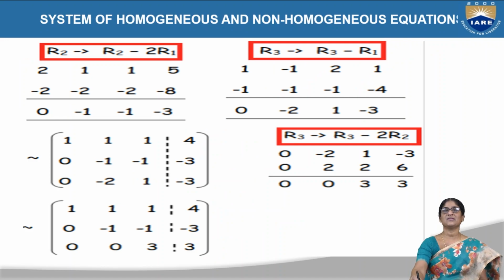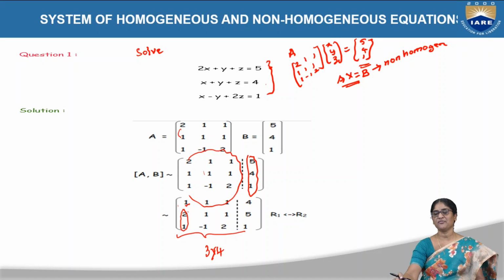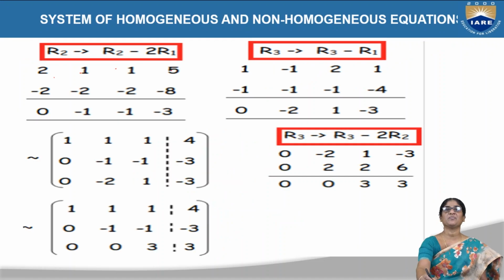So here it is R2 minus 2R1. R2 is 2, 1, 1, 5. And 2R1, multiplying the first row 1, 1, 1, 4 by 2, gives 2, 2, 2, 8. So R2 minus 2R1: 2 minus 2 cancel, so we get 0. 1 minus 2 is minus 1.